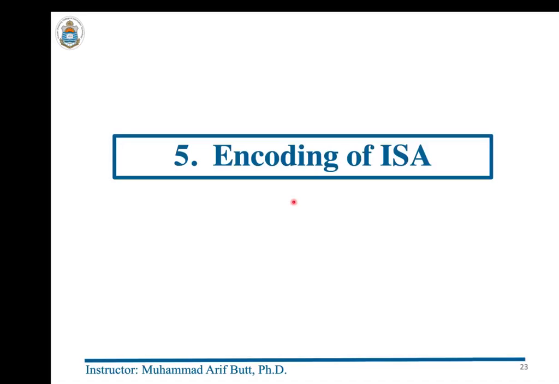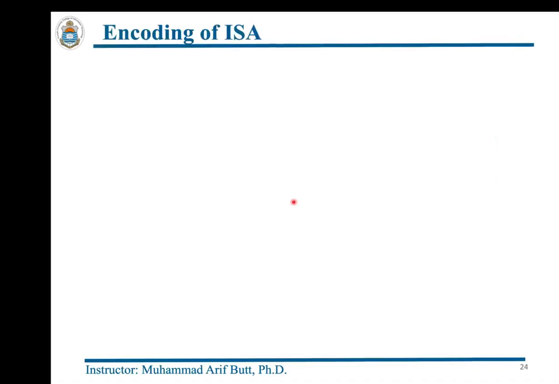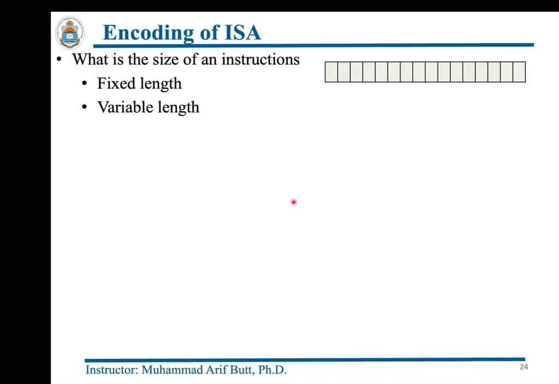Okay, so now the last dimension of ISA is how the machine instruction, that is 16 or 32-bit machine instruction, is encoded so as to contain different information that we have discussed so far. So the first $100 question is, what is the size of an instruction? Is it 16-bit or 32-bit or 64-bit?